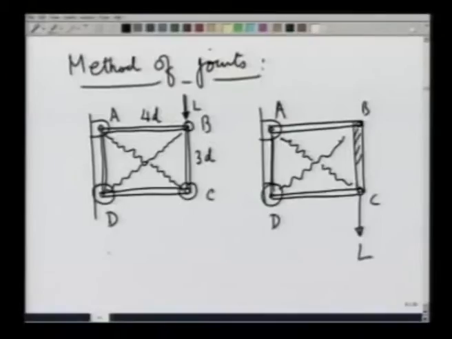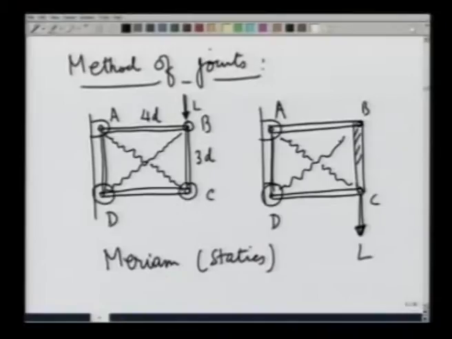I should also mention here that this problem is taken from the book of Meriam. This is quite a nice problem because it teaches us quite a lot of things in one problem.